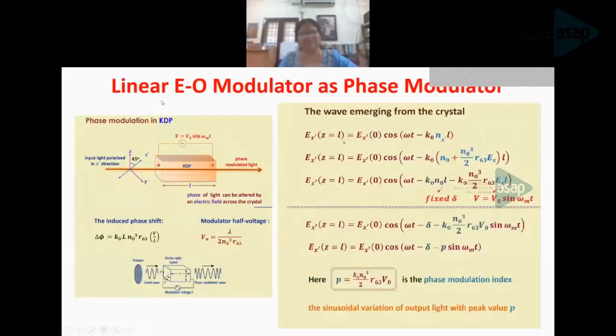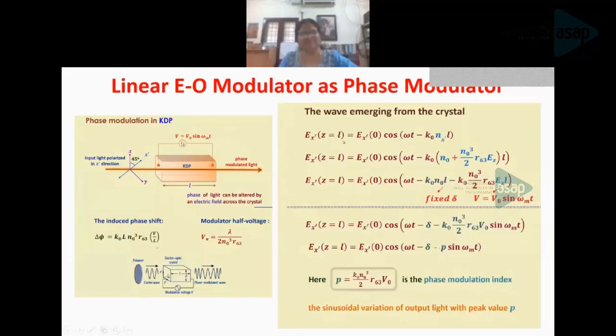Now the longitudinal setup phase modulator is very simple. Just apply a variable voltage here. Earlier a fixed voltage was applied here, now we are applying a variable voltage V0 sin omega t.